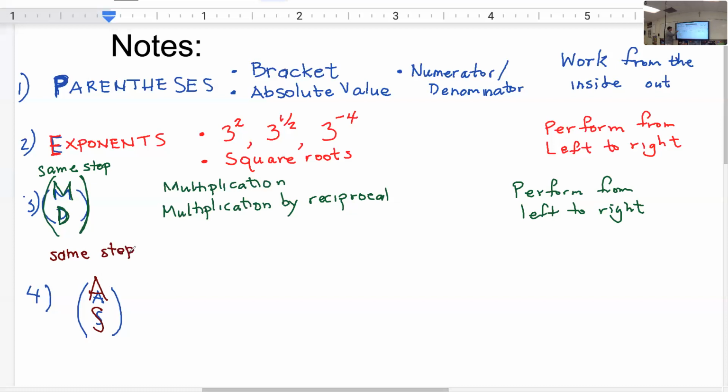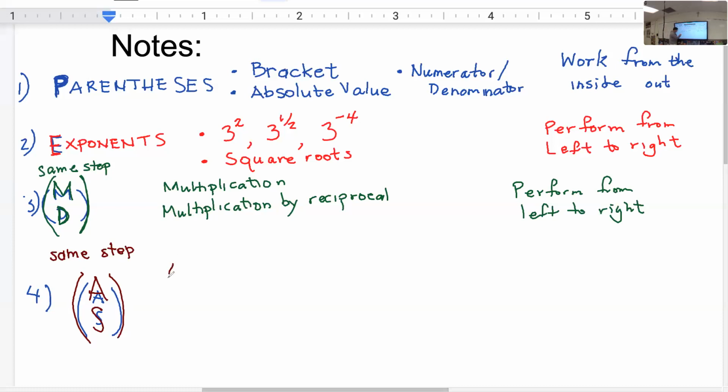So again, it could be PEDMSA, or it could be PEMDSA. It's just really hard to say D and then S, and then M and then S. So I think it makes more sense, if I'm going to make up an acronym here, that the A should come first, but it doesn't have to. Subtraction is truly the same thing.